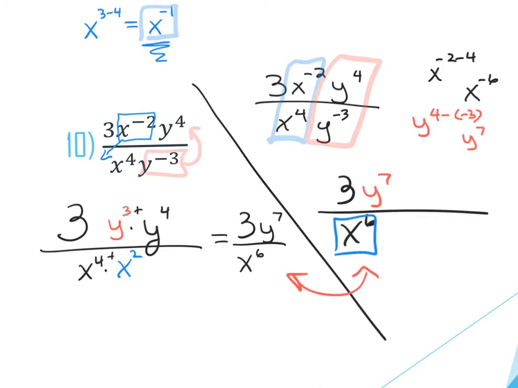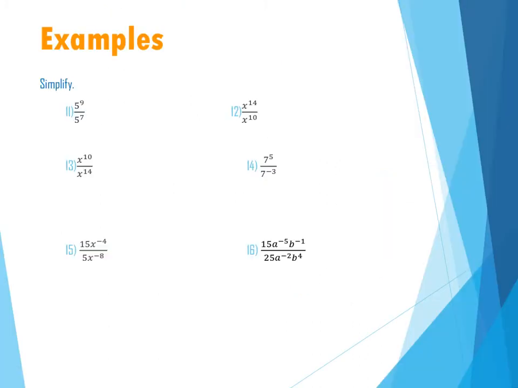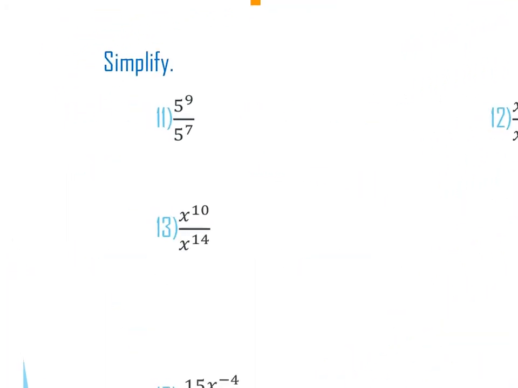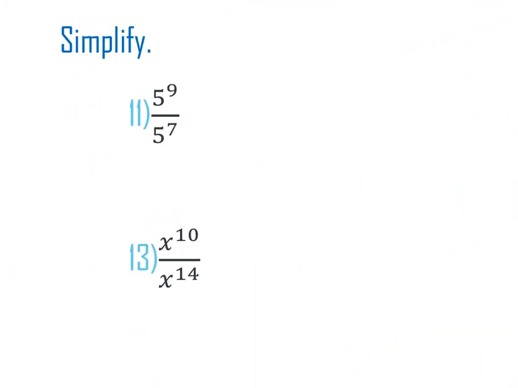Let's try some more. I'm just going to keep practicing this. Here's a pretty simple one. It's division. So we're going to do 5 to the 9 minus 7. Remember, we don't divide the 5s. You keep the base, just subtract the powers, and you get 5 squared, 25. Next one.